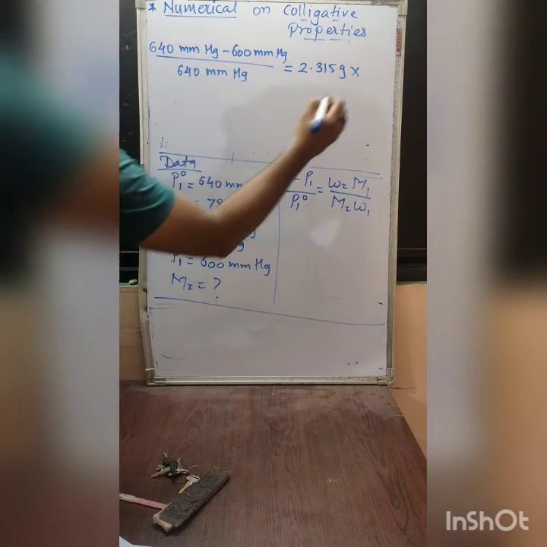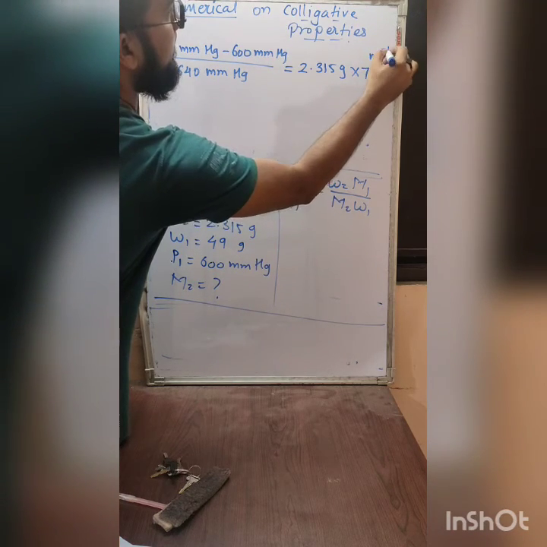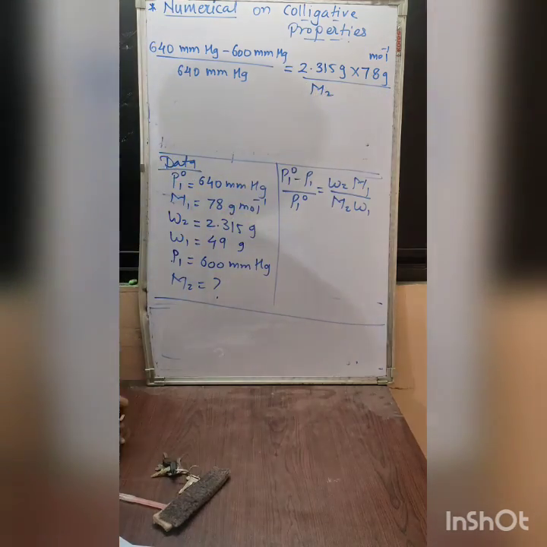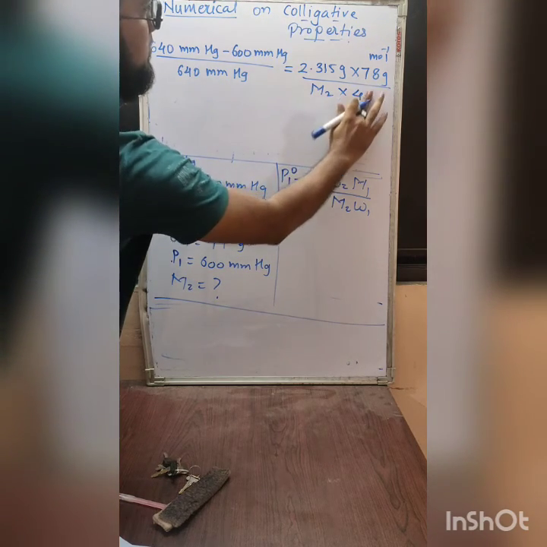What is M1? 78 gram per mole, upon M2, which we have to find out, and W1 is given, 49 gram.